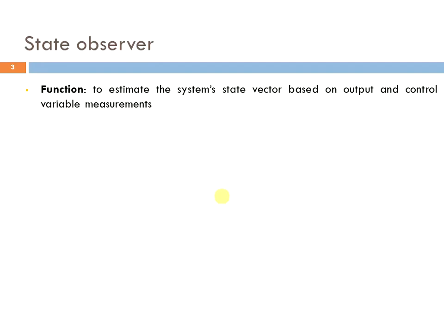The function of a state observer is basically to enable us to estimate some of the non-measurable state variables of the system. It takes in the control input and measured output, and based on these two inputs we are able to determine the non-measurable state variables.